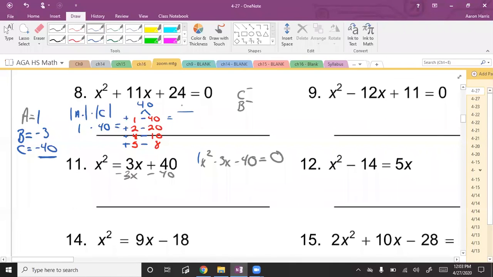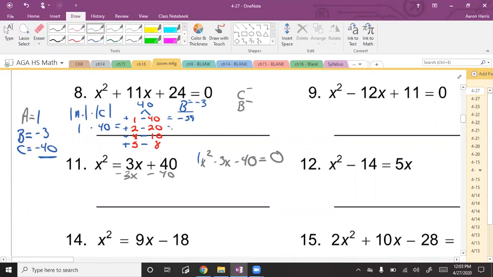But when I add them up, what do I get? You're going to get negative 39. Now, positive 2 times negative 20 gets you what? Hold on. I didn't say add them.